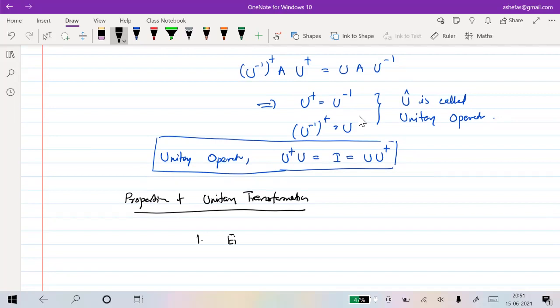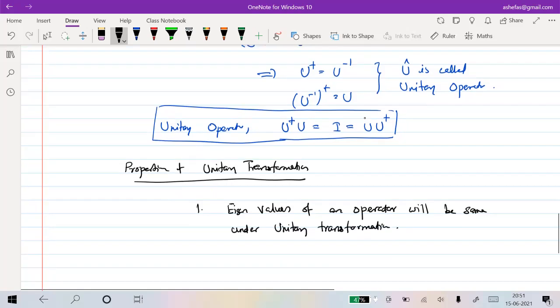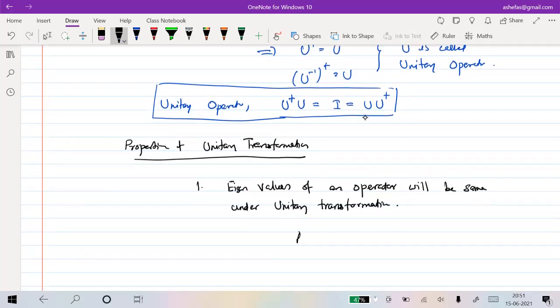The eigenvalues of an operator will be the same. They will not change under unitary transformation.